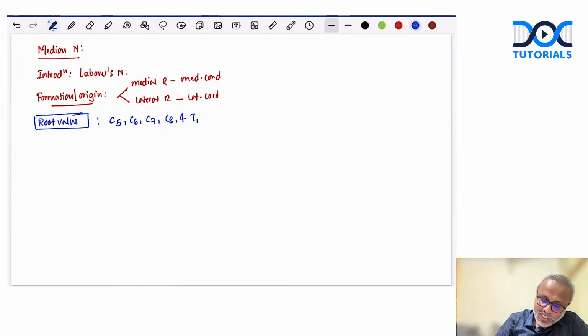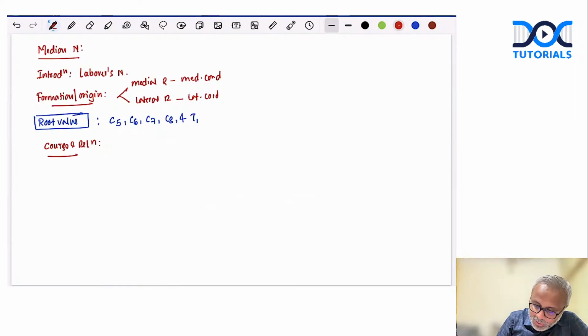Once we have described the formation and the root value, we talk about the course and relations. Now, for the nerves of the upper limb, how would we describe the course and relations?